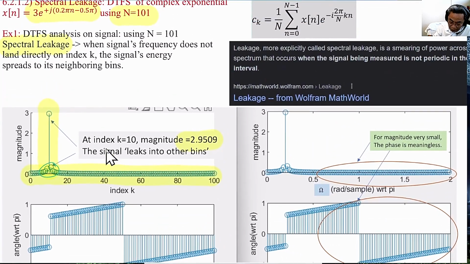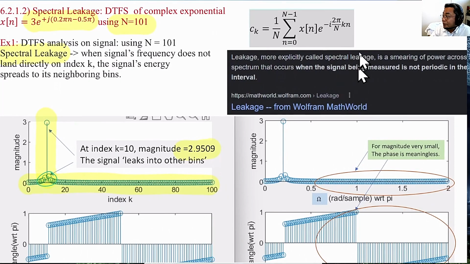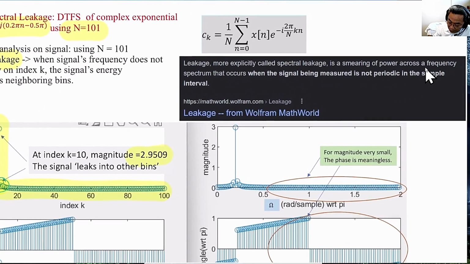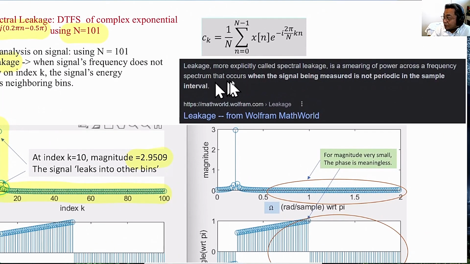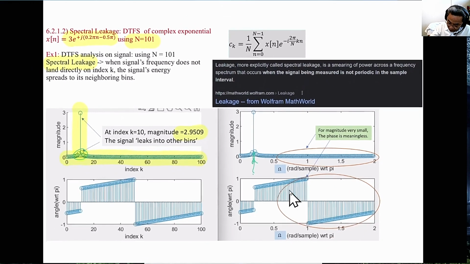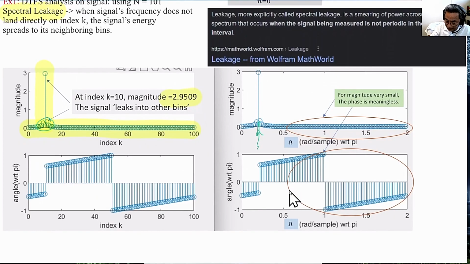This is called spectral leakage. It occurs when the power of the signal goes into the spectrum of other neighboring frequencies, because the signal being measured is not periodic at the interval of the frequency. So it means that exactly at this point here, it is not 0.2 pi. Alright, and that is why it leaks.